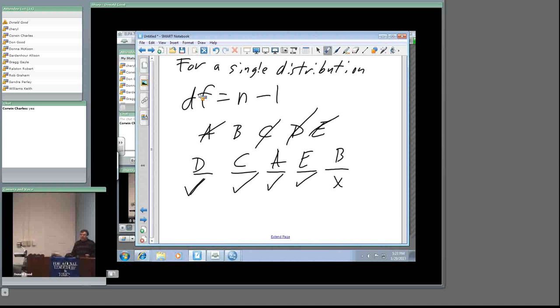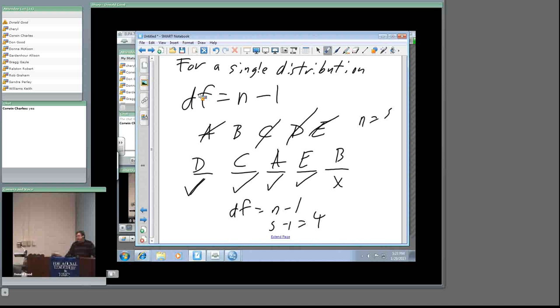Well, n was 5, so the degrees of freedom is 5 minus 1, and I see 4 check marks there. So 4 degrees of freedom. So degrees of freedom is n minus 1.